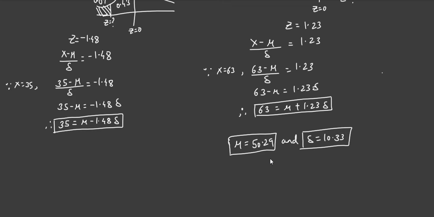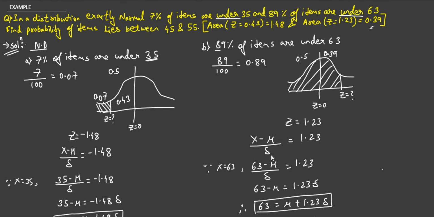So here we have found mu and sigma. Now we have to find the probability that an item lies between 45 and 55.